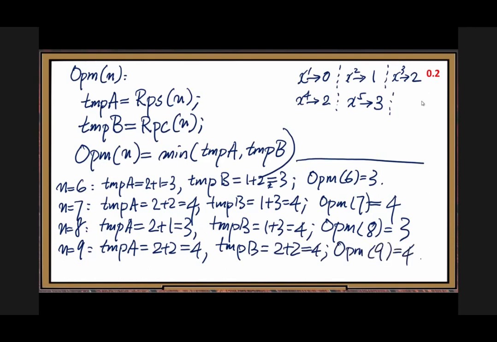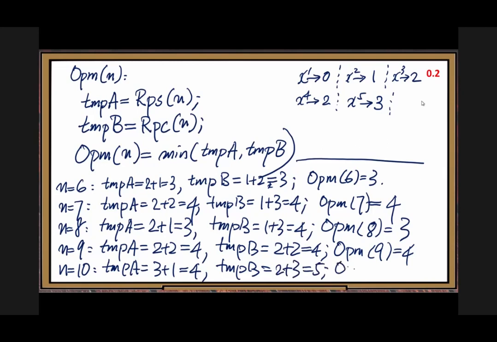Okay, the last one, 10. I think everyone can do it. Mod 2, 0 remainder. So temp A equals 5, which is 3. x to the 5th. 3 plus 1, 4. Temp B, mod 3, 1. So divided by 3, 3 is 2. 2 plus 3, okay, 5.